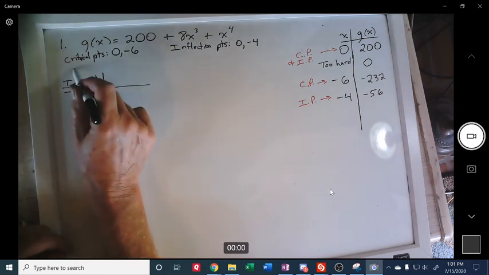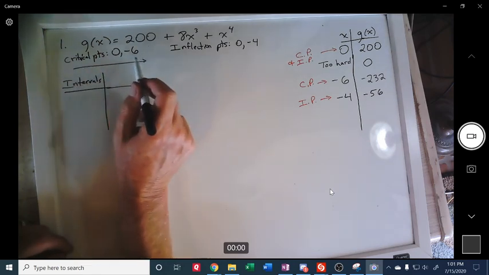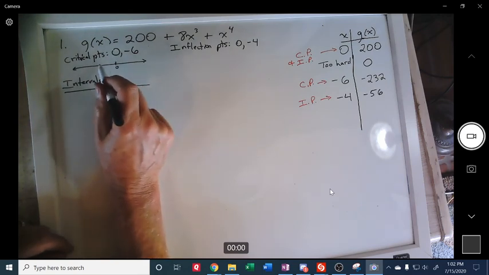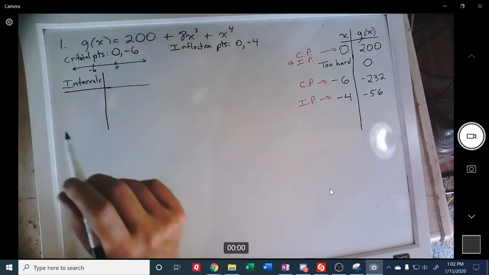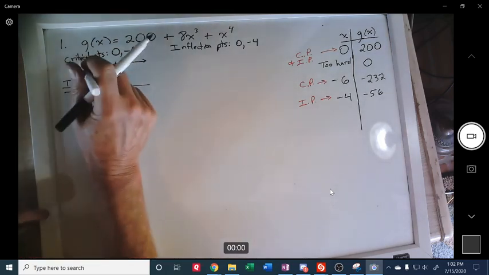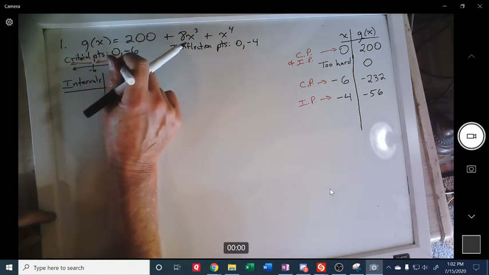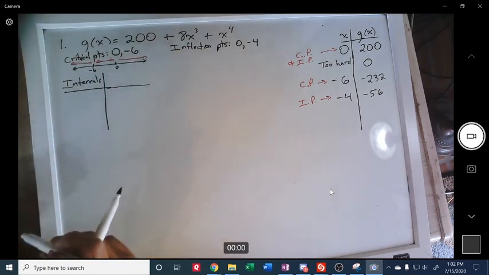Now, if this is along my x-axis, and I have 0 and -6, you see I have these three regions.